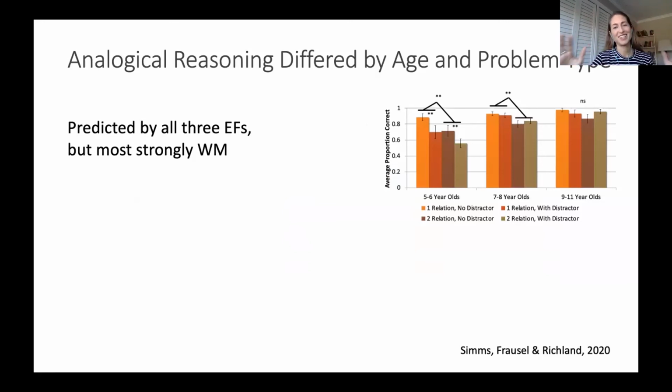I'm not stepping away from the argument that inhibition is really crucial here, but I think in this particular task, our kids are a little bit older. They're 5 and 6 and 7 and 8, and here it seems like working memory is the real driver of differences on this particular task.